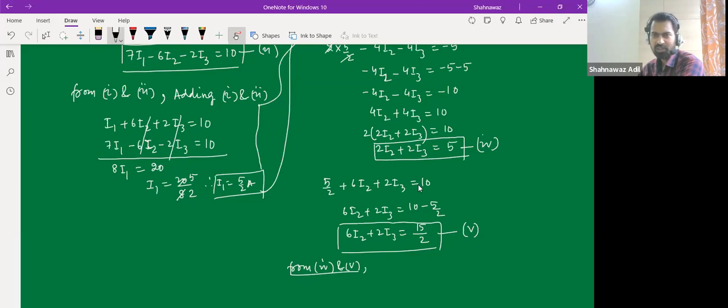Add. So if I add them, this would be 6 plus 2, 8I2, and this would be 2 plus 2, 4I3. So nothing is getting cancelled. We have two equations and we have to cancel one variable. So what should I do?